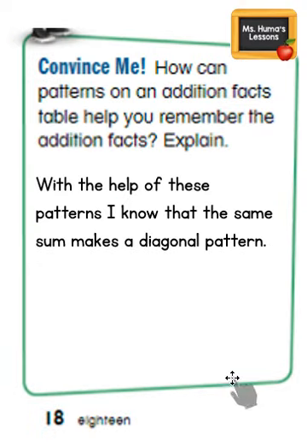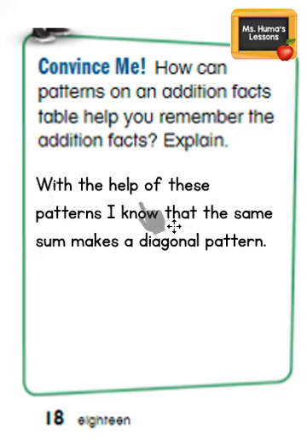Now we are on the convince me question from page number 18. How can patterns on the addition facts table help you remember the addition facts? Explain. We have studied that in the addition facts table, whenever we have the same sum, it makes a diagonal pattern.